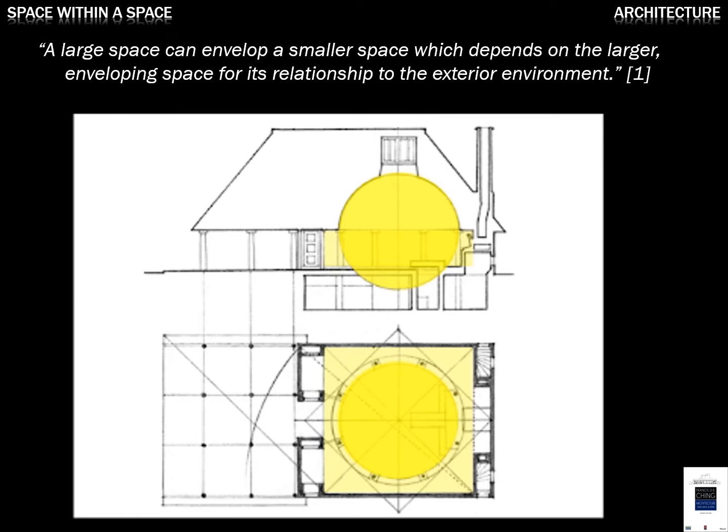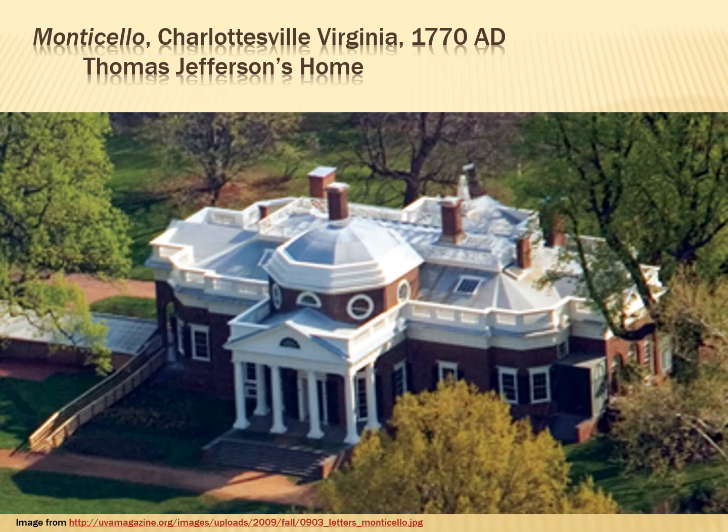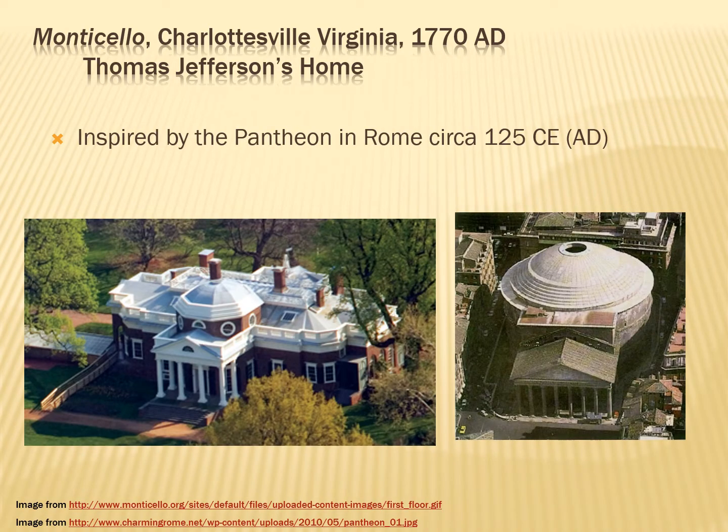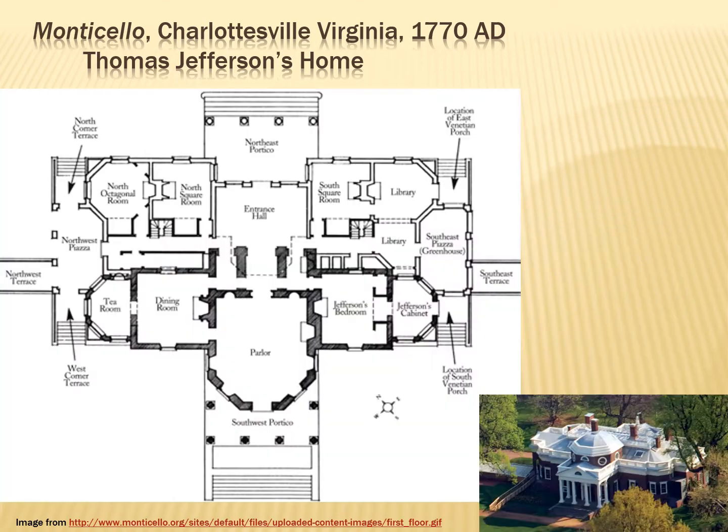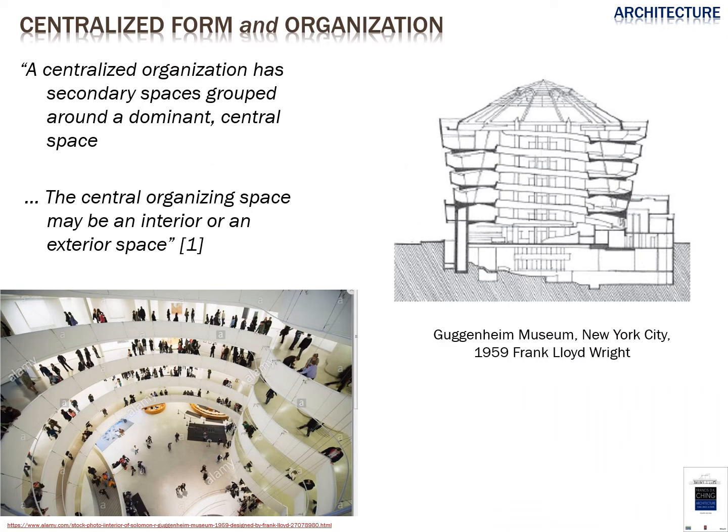It's another example of a sphere within a square and how that space is defined. This is Thomas Jefferson's Monticello in Virginia, his home, inspired by the Pantheon. This is the Guggenheim Museum by Frank Lloyd Wright in New York City. Centralized organizing space, circular space.